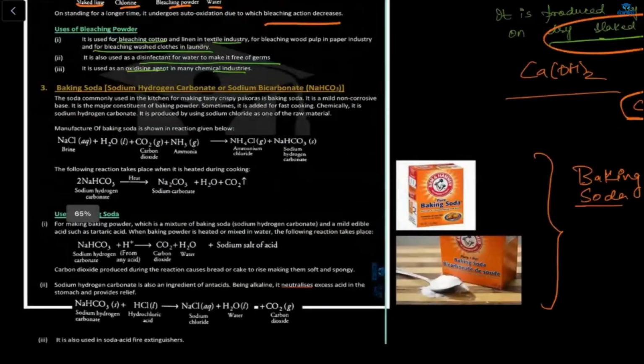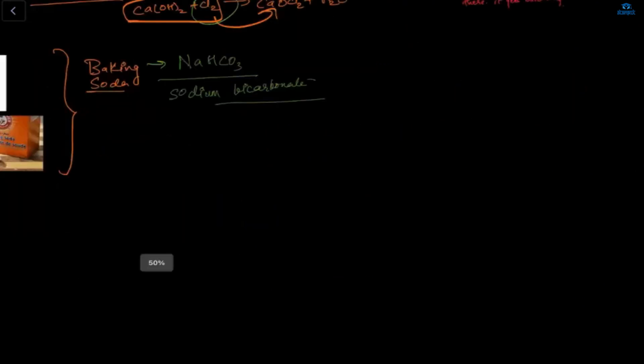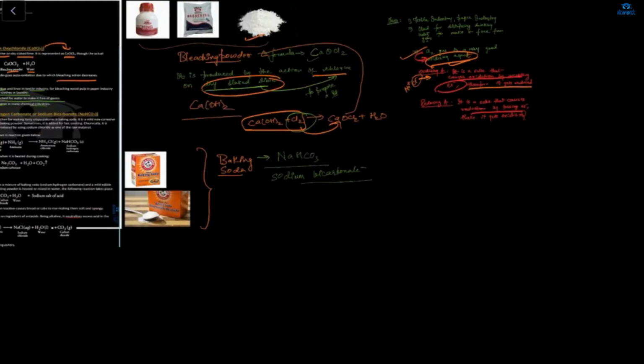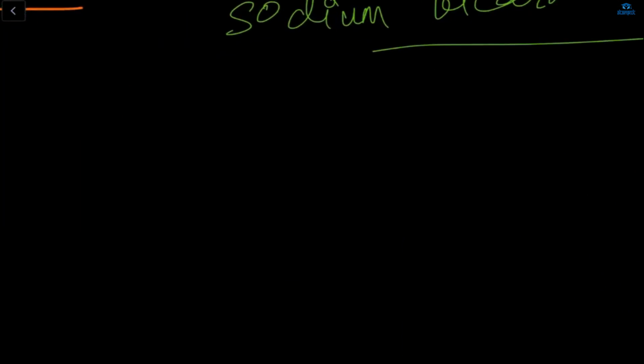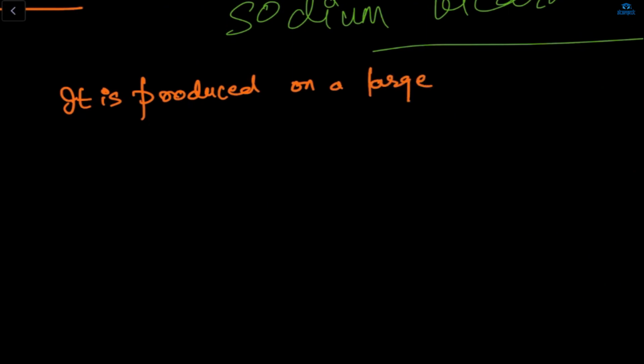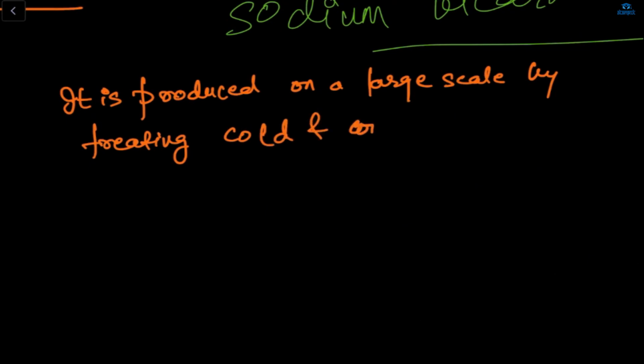Now, what's written here? Baking soda. Only the formation is written. So it is produced on a large scale by treating cold and concentrated solution of sodium chloride with ammonia and CO2. Let me write it. Baking soda is produced on a very large scale by treating cold and concentrated solution of sodium chloride, NaCl, with ammonia, NH3, and carbon dioxide, CO2. I'm only writing the short form.